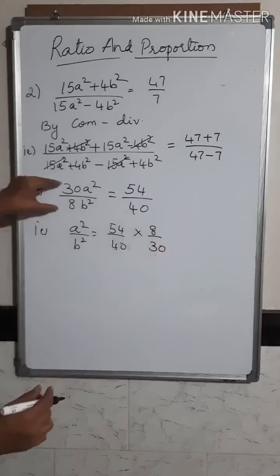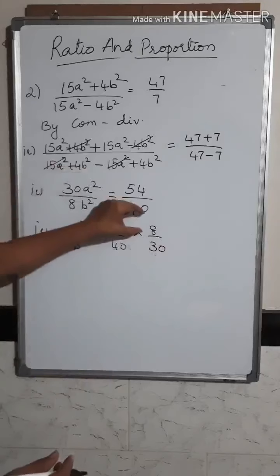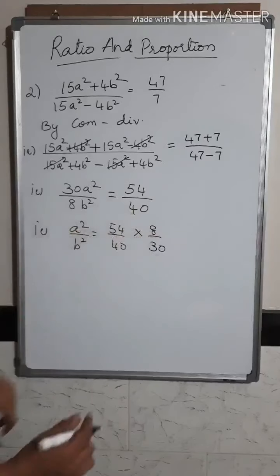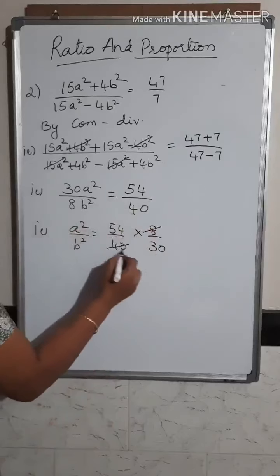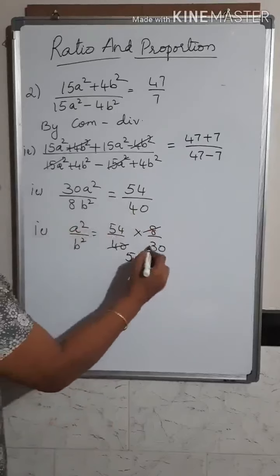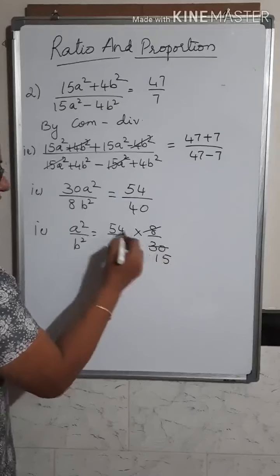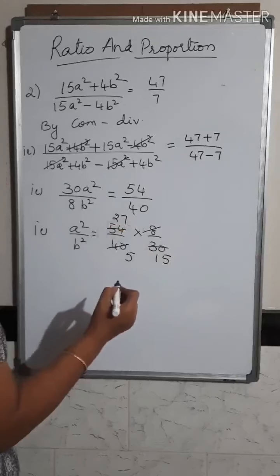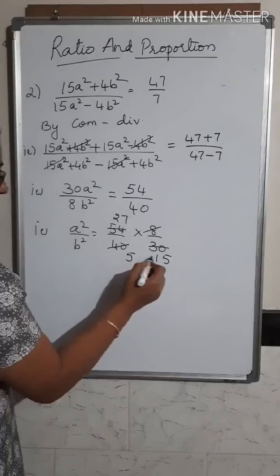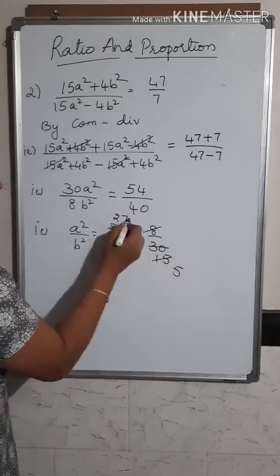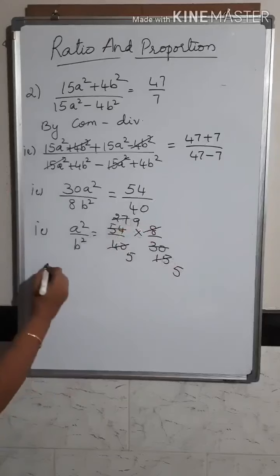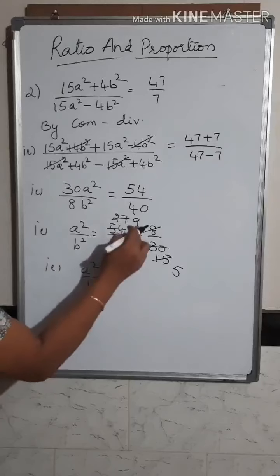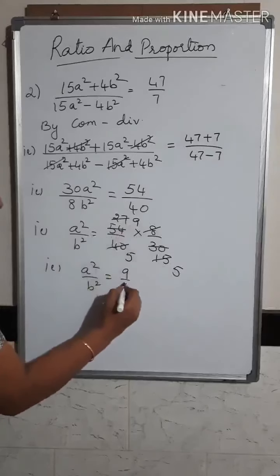When you take 30 upon 8 to the other side, you put the multiplication sign and take its reciprocal. 8 ones are 8, 8 fives are 40, 2 15 times, 2 27 times, 3 5s are 15, 3 9s are 27. So what you have got, a square upon b square is equal to 9 upon 25.